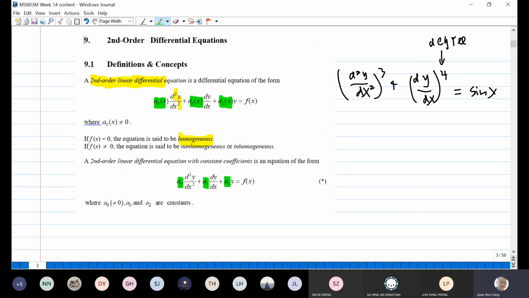If a0 is 0, it's just like a first order differential equation. So this is the first slide, an introduction, telling you what is the order, second order. If you have first order, it means you differentiate y only one time.